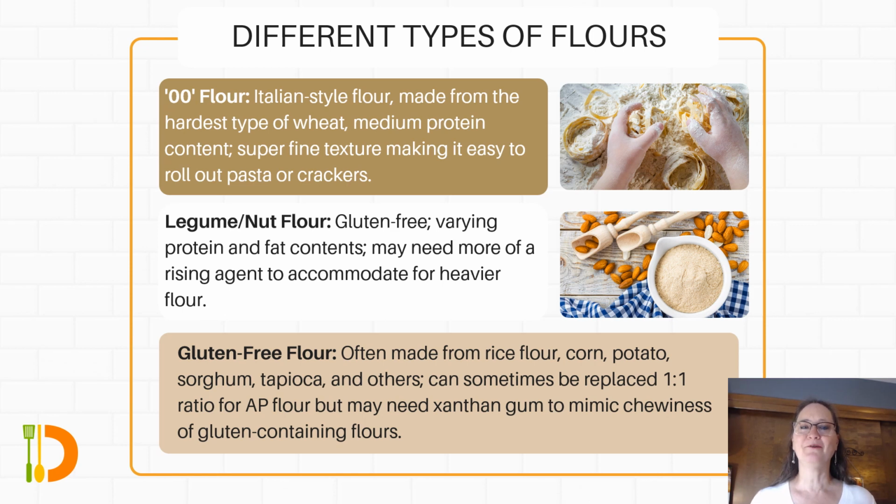Gluten-free flour is often made from rice flour, corn, potato, sorghum, tapioca, and others, and can sometimes be replaced in a 1-to-1 ratio for all-purpose flour. But you may need xanthan gum to mimic the chewiness of gluten-containing flours. Also remember, gluten-free flour is usually not enriched and may lack nutrients that are found in wheat flour.